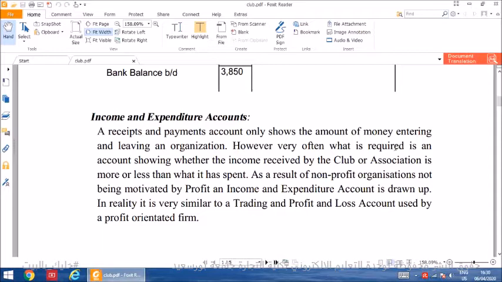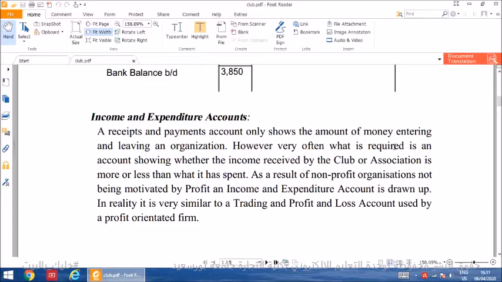However, very often what is required is an account showing whether the income received by the club or association is more or less than what it has spent. As a result of the non-profit organization not being motivated by profit, an income and expenditure account is drawn up. In reality, it's very similar to a trading and profit and loss account used by a profit-oriented firm.